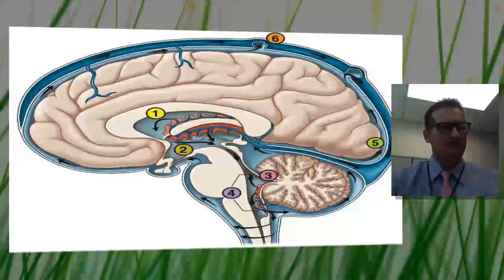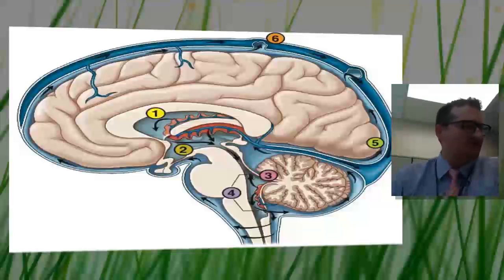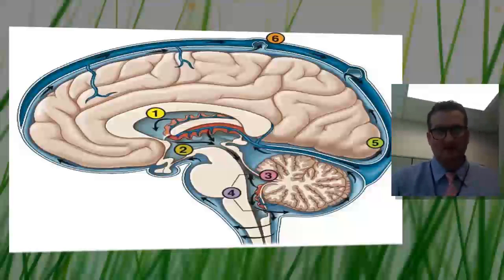This slide shows the circulation of cerebrospinal fluid, which is obviously very important. It's a clear, colorless fluid that fills the ventricles and central canal, and it also bathes the outside of the brain and the spinal cord. The choroid plexus in each lateral ventricle secretes CSF, cerebrospinal fluid, which constantly flows through the central nervous system.